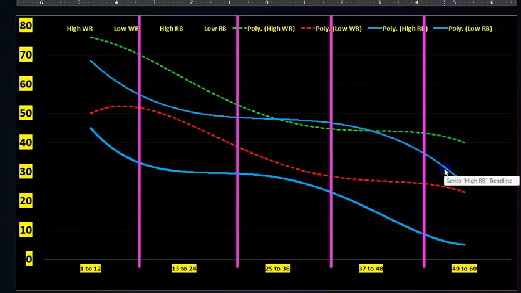So if you look at the trend lines, the blue is the running backs. You can just see how much lower they are, the highs and the lows. So the high running back and low wide receiver in green actually overlaps right in this region here.